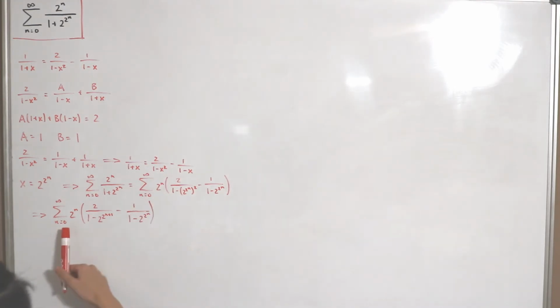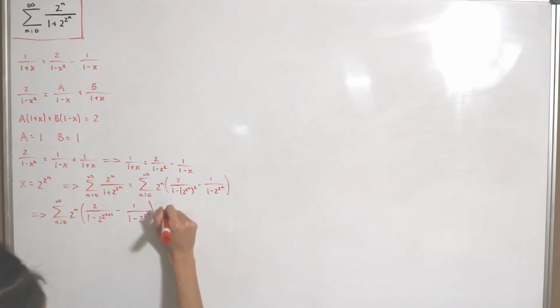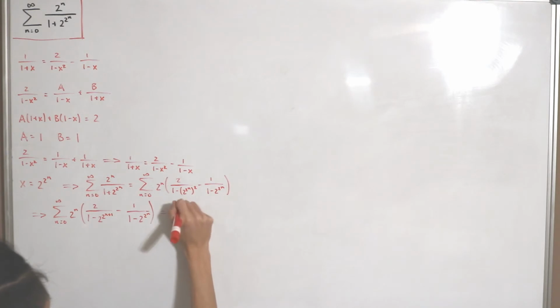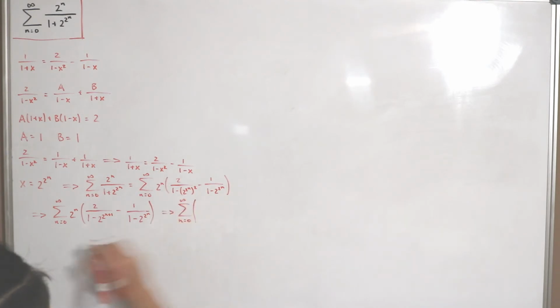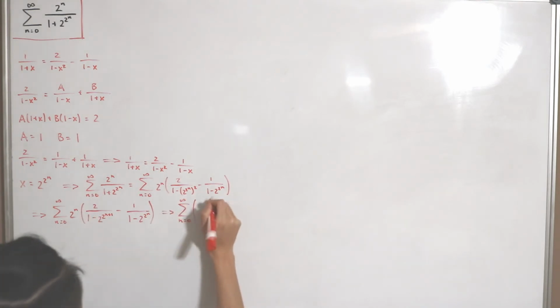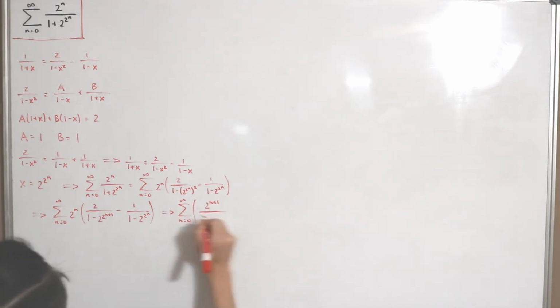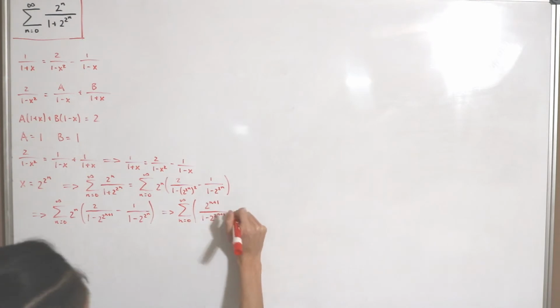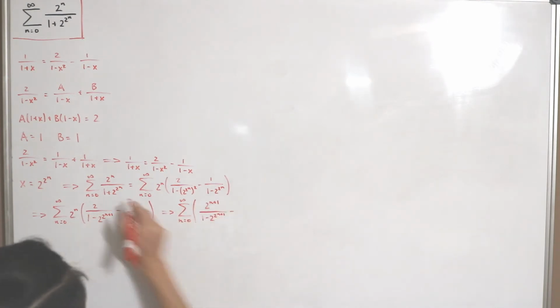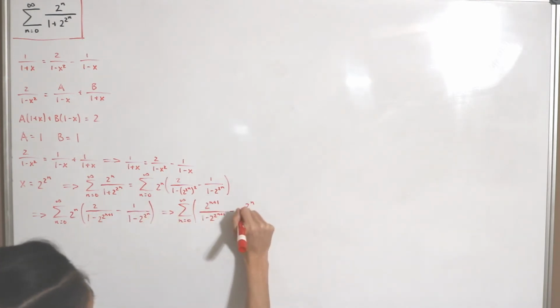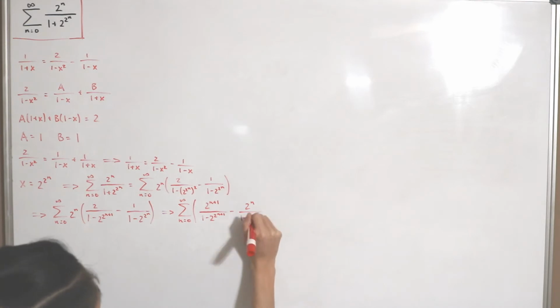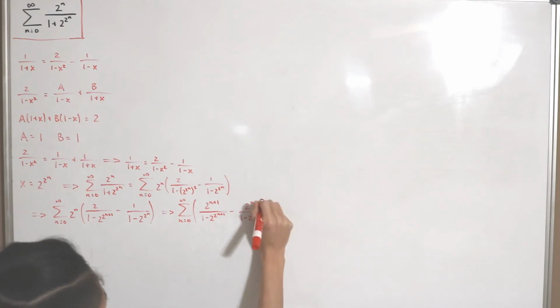Now we can distribute the 2^n into our inside expression. Doing this yields 2^n times 2, which is 2^(n+1), and the denominator stays the same. Then we subtract, distributing the 2^n, 2^n divided by 1 minus 2^(2^n).